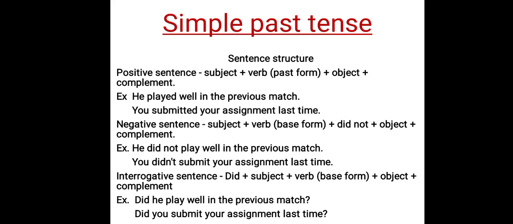Let's move to negative sentence. Negative sentence uses the verb in base form and then comes did not and then the same. Like he did not play well in the previous match.